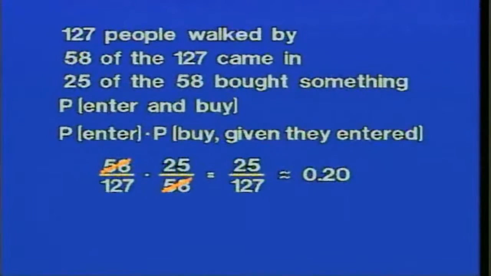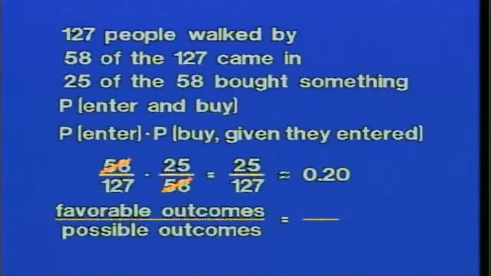Of course, another way to calculate the problem is to calculate favorable outcomes over possible outcomes. And we're talking about entering and buying. Now, the buyers are the 25 people that bought something. The possible outcomes are the people that are walking by the store. So it's 25 over 127. We get the same probability number, 0.20.